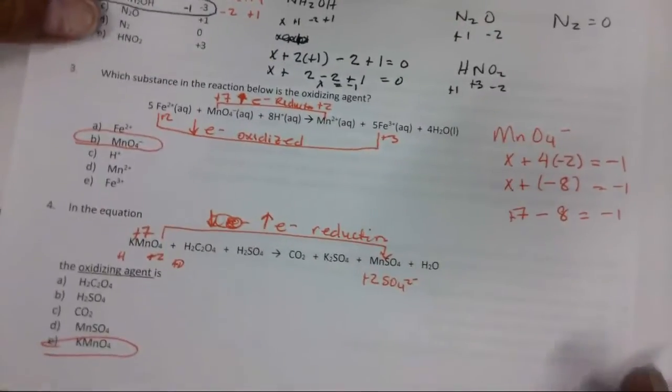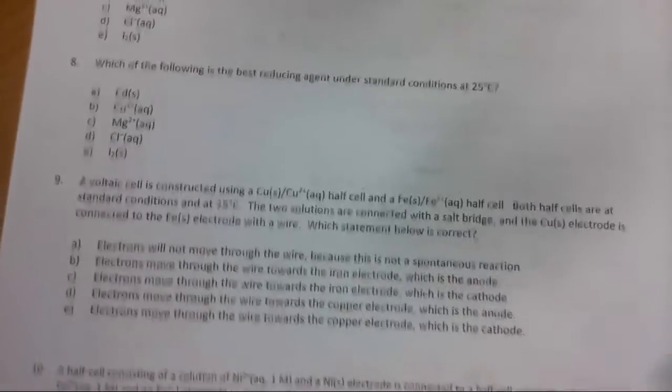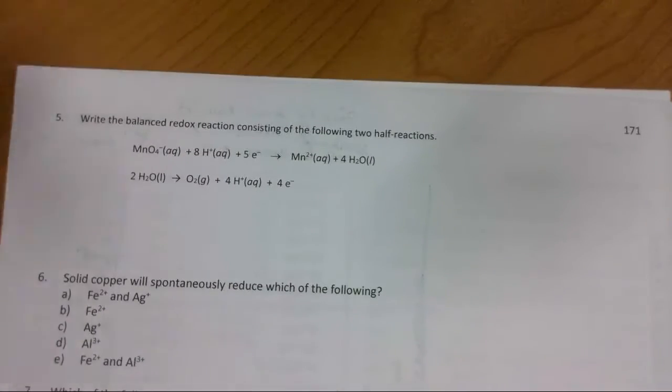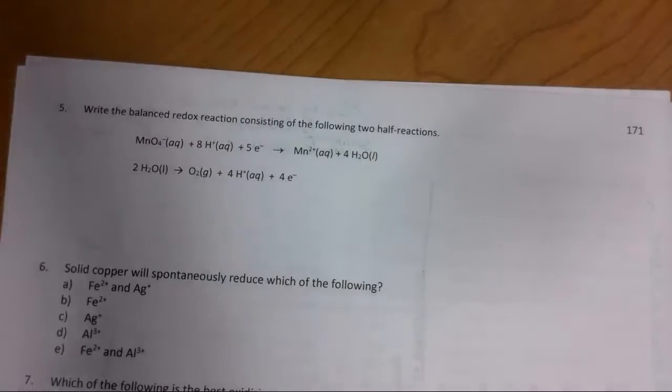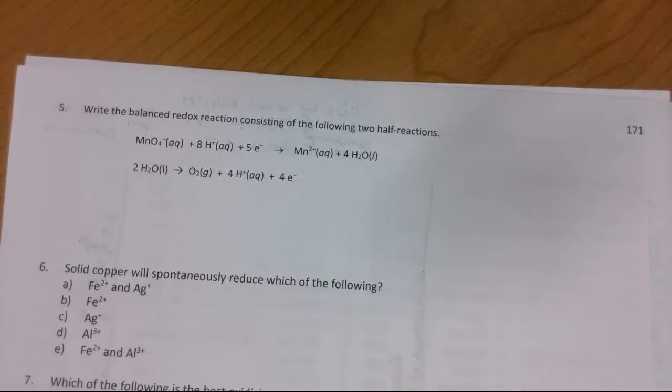Okay. All right, now let's go to this one. We want to write the balanced redox reaction. Let me see if I have another one of those tables. It doesn't have stuff on it. I shouldn't have printed these double-sided like this so you could see the tables.